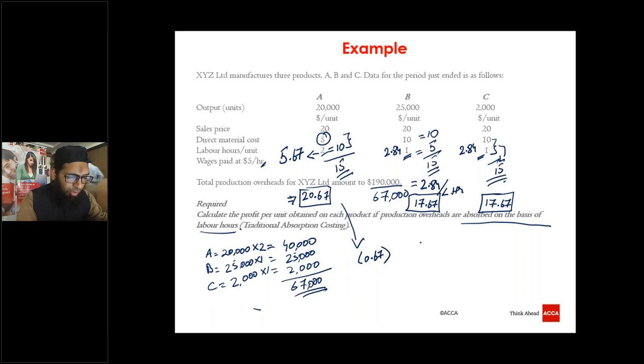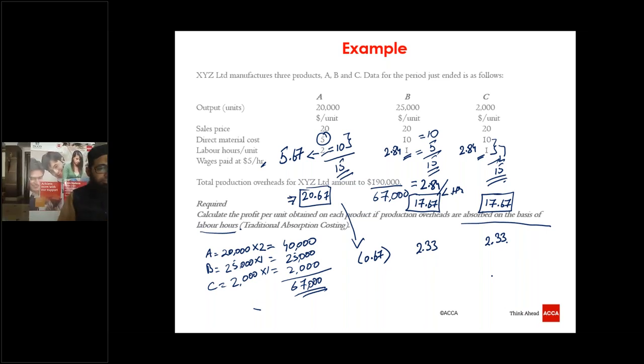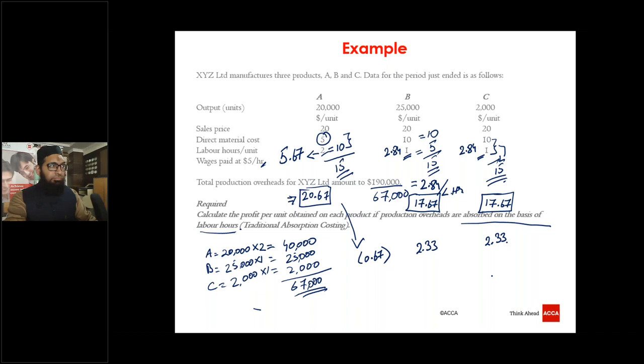B has a profit of 2.33 and C will also have a profit of 2.33. So this will be the answer. Any question up till now?